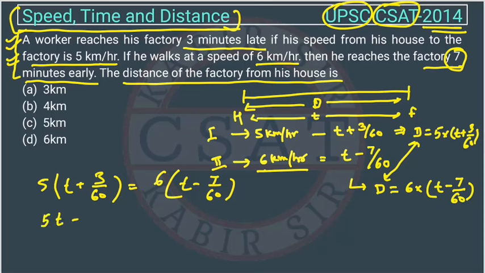Taking 5 inside, we get 5T plus 15 upon 60 is equal to 6T minus 42 upon 60.